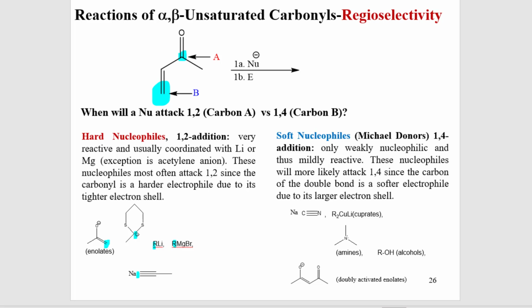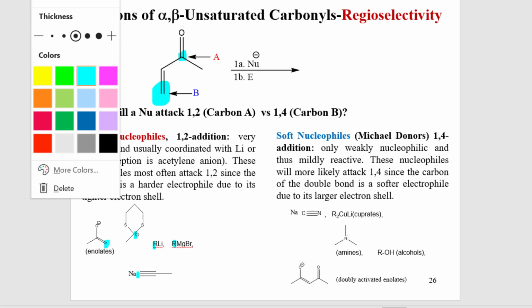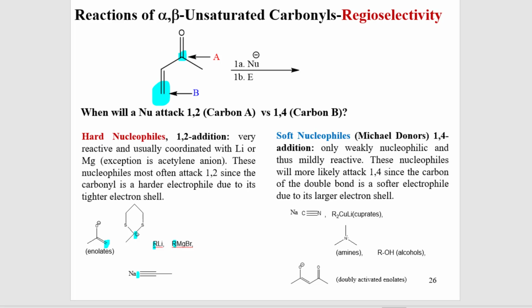Here's another trend for the soft ones. In the soft ones, we've got larger, squishier electron clouds. And so if any atom that you're attacking with is not carbon, like a nitrogen or an oxygen, those are going to be softer and they're going to attack 1,4. So that's easy. Something other than a carbon typically attacks 1,4. Typically. Also, this is an enolate down here, but this is a much larger enolate.